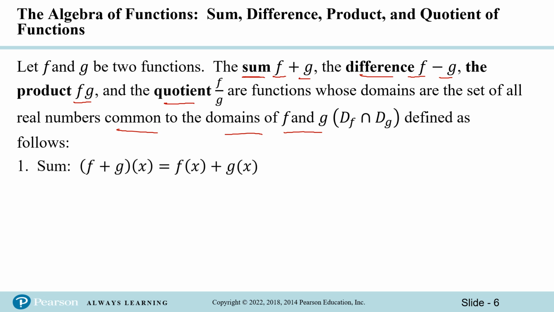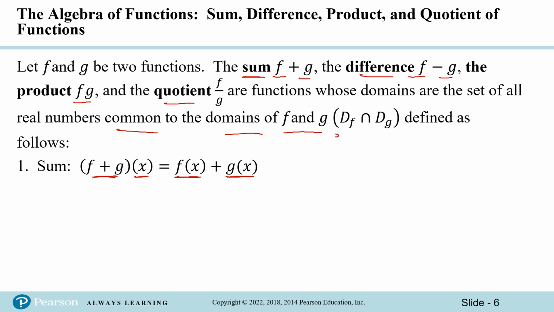What do we got? Okay, so basically what they're saying here is that if we're trying to add two functions, basically this is just two different notations for the same thing.